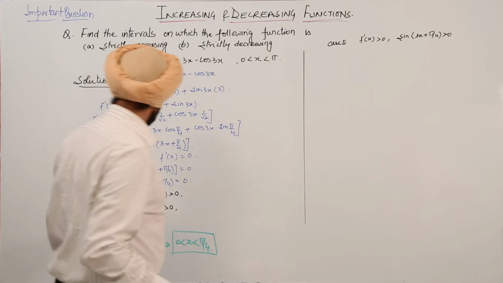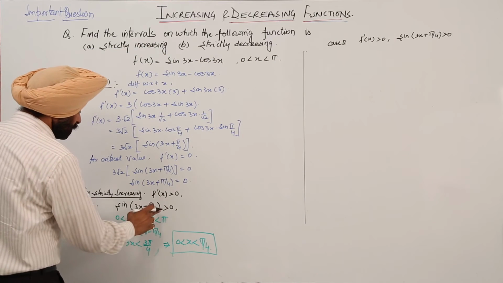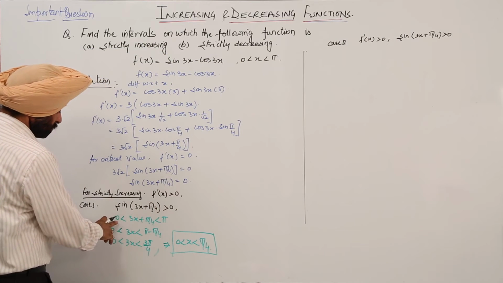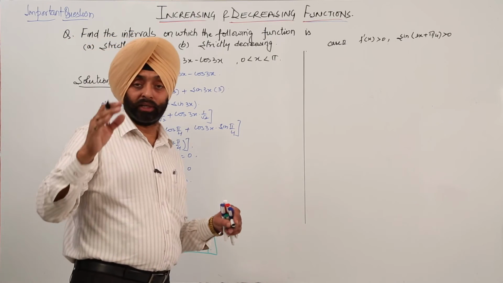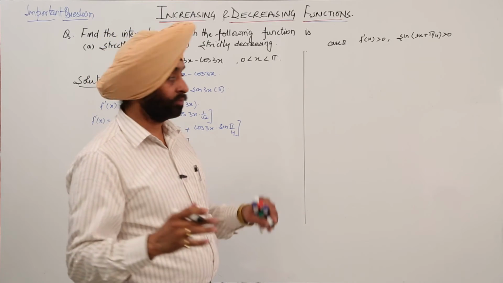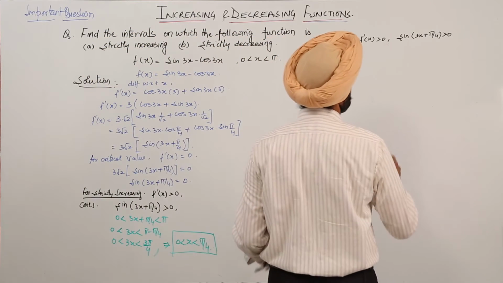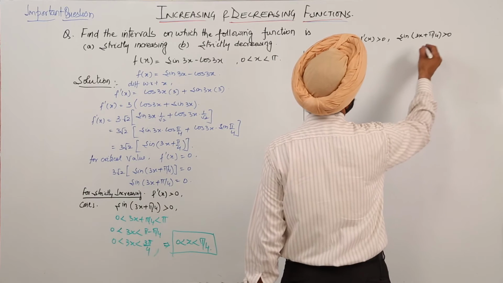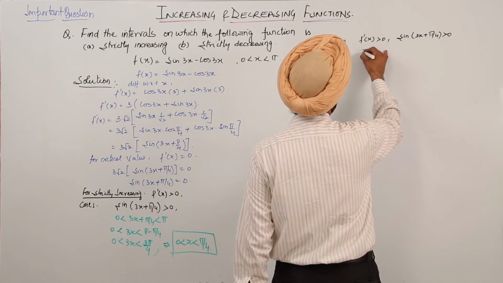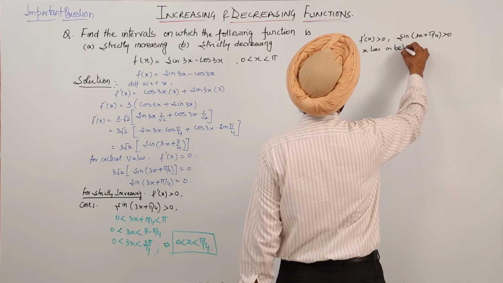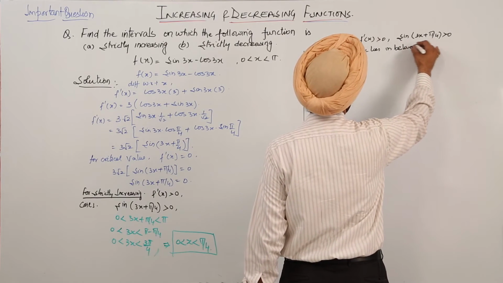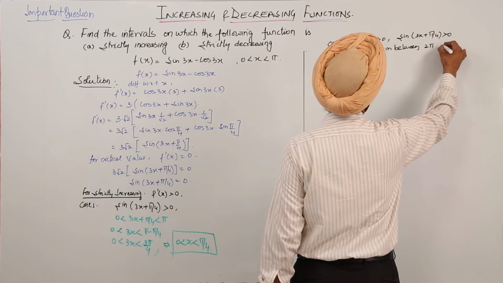Now case 1 was when it lies in between 0 and pi, first and the second quadrant, sine is always positive. Now what case 2 shows us? Now case 2 shows us when x lies in between 2 pi and 3 pi.